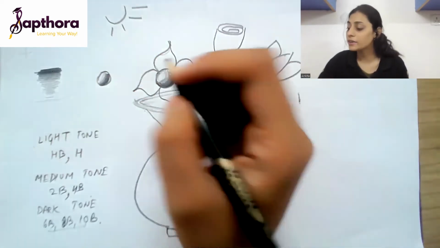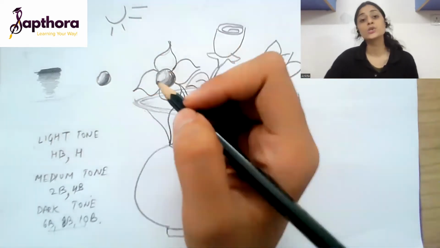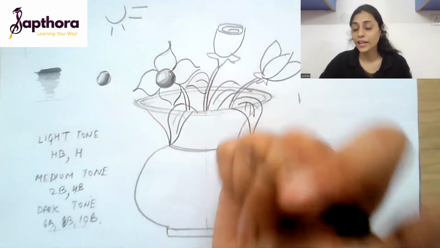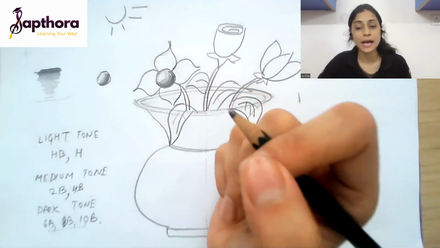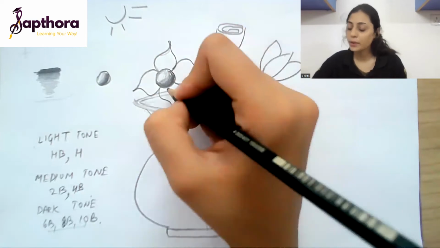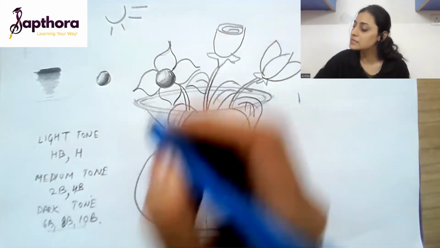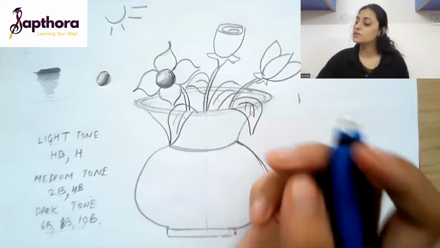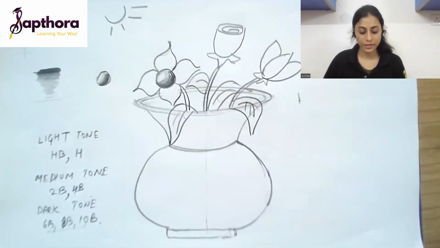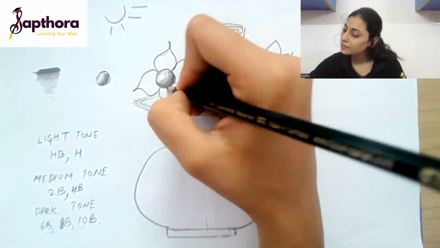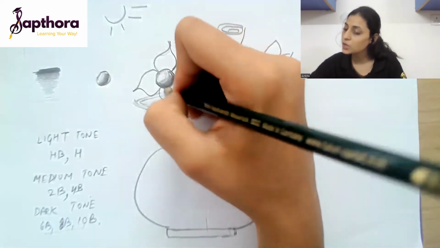Now for the flower, flower is a soft material. So as you have already learned in the texture studies how we shade soft materials using the example of a feather, we are going to use the same concept here. So here first erase the lines you see inside. For the flower petals, you are going to draw very thin strokes.